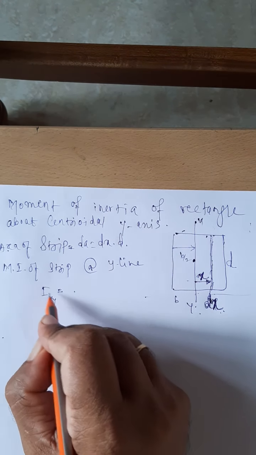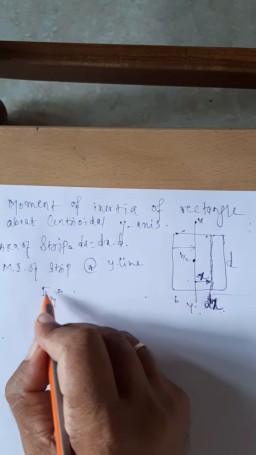What is the definition of Iyy? It is the area multiplied by the distance from the y line. What is the distance of this area from the y line? It is equal to x. Therefore, dA into x square is the moment of inertia of this strip about the y line.